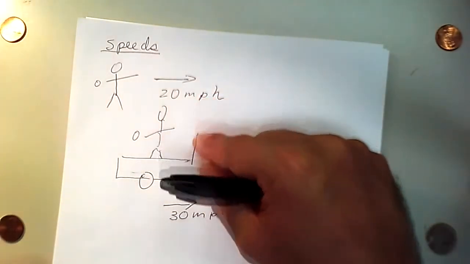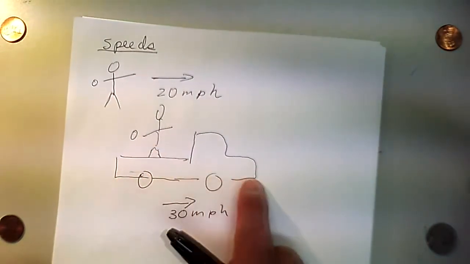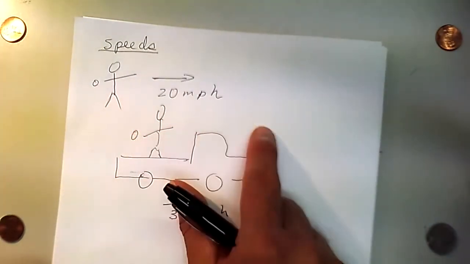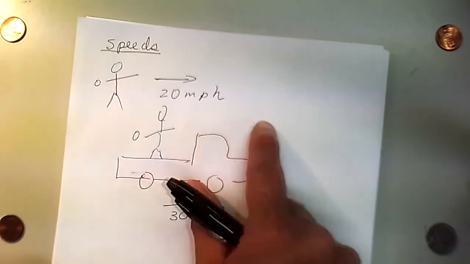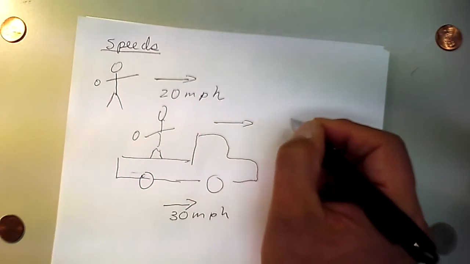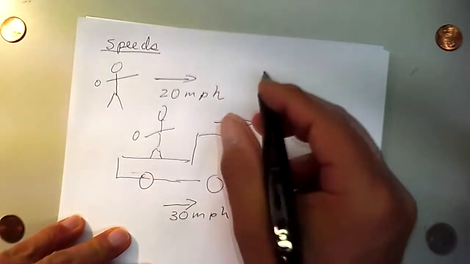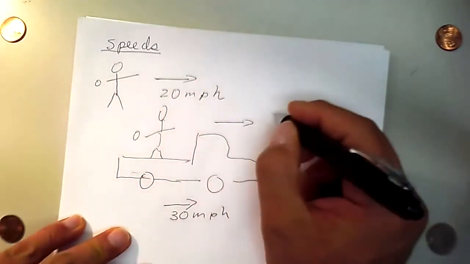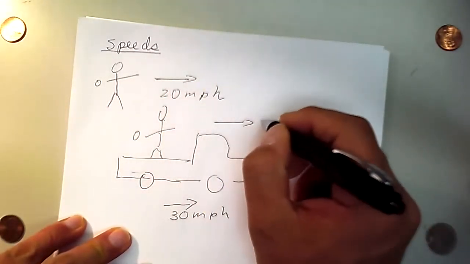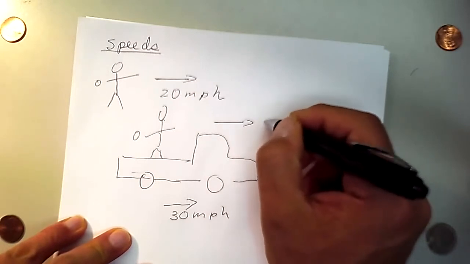But let's say 20 miles per hour. If the pickup truck is going at 30 miles per hour, and while the truck is going forward, we throw the baseball forward, how fast is the ball gonna go? And let's assume there's no wind and very little air, so that there's not a lot of air resistance. So how fast, again, is the ball gonna go?